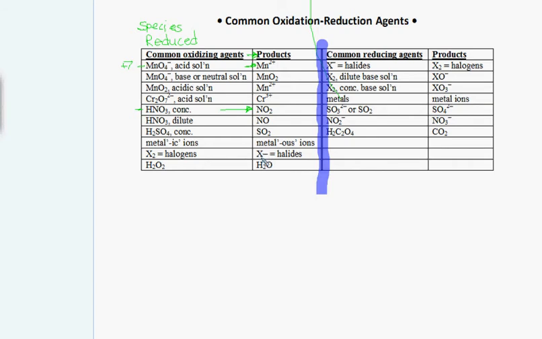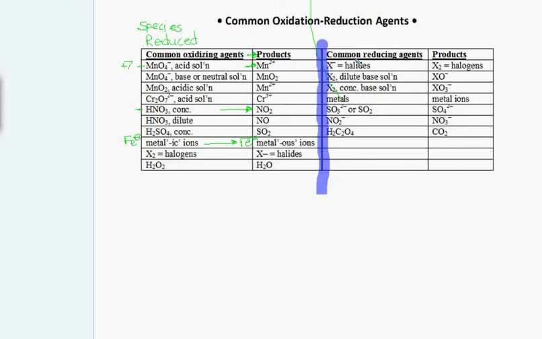And their halides are their negative ions, so F-, Cl-, Br-, and I-. We also have here metallic ions, so for example, an iron 3, right, would be ferric, and it could be converted easily to iron 2, ferrous. And again, notice that that's also a reduction in oxidation number.